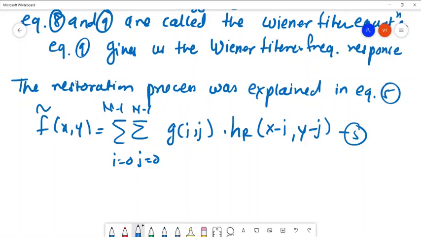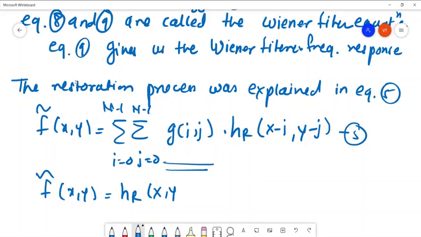This is nothing but a convolution operation. So that can be written as hr(x, y) convolution with g(x, y).